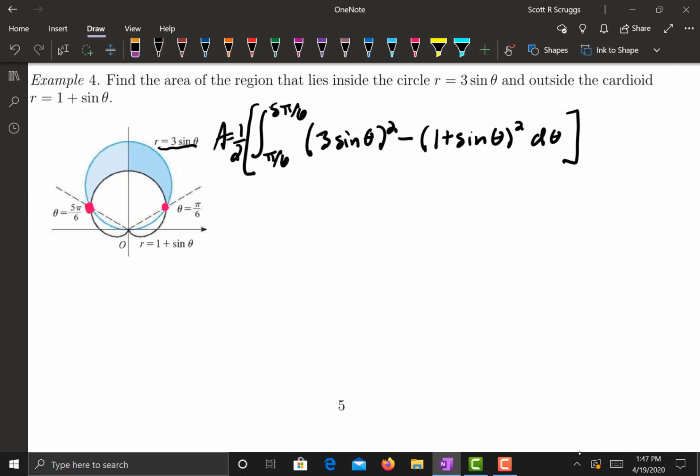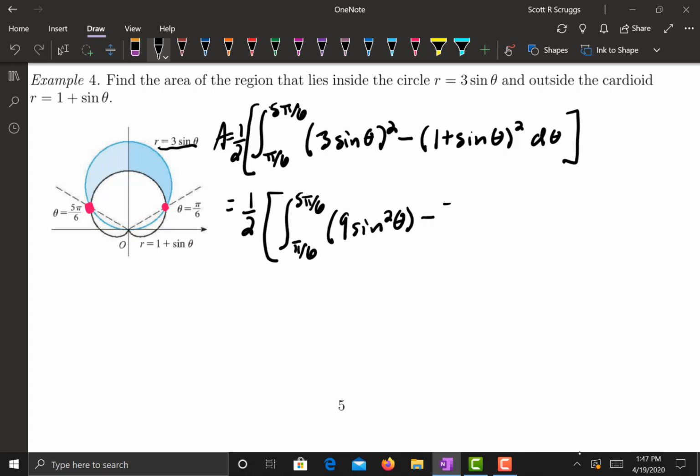If I do, I'll get 1/2 times the integral from pi over 6 to 5 pi over 6 of 9 sine squared of theta minus 1 plus 2 sine of theta plus sine squared of theta d theta. Now, this is going to be nasty to try to evaluate if I'm still left with a pi over 6 and 5 pi over 6.